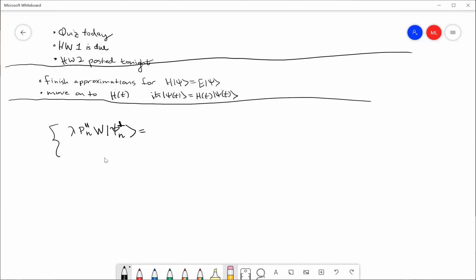And this was all equal to En minus, that's the full eigenvalue, H naught minus lambda. And then it's the projected part of the perturbation that's in the parallel subspace, and that's all acting on psi in parallel.